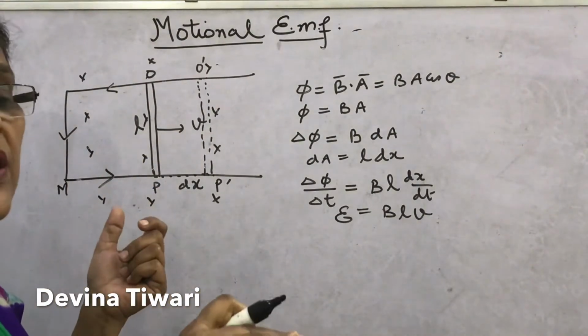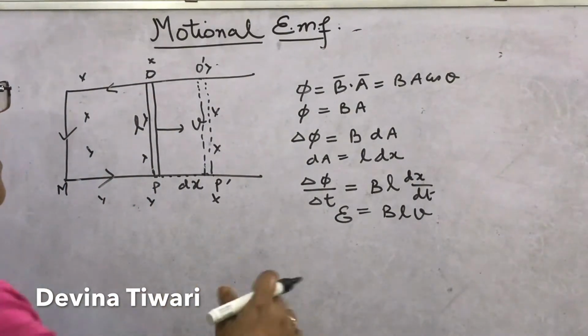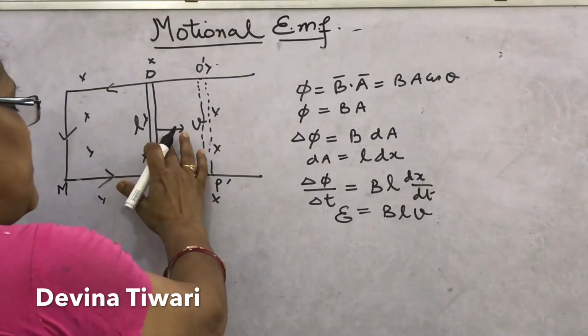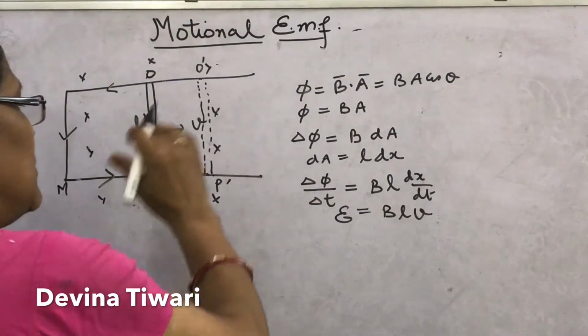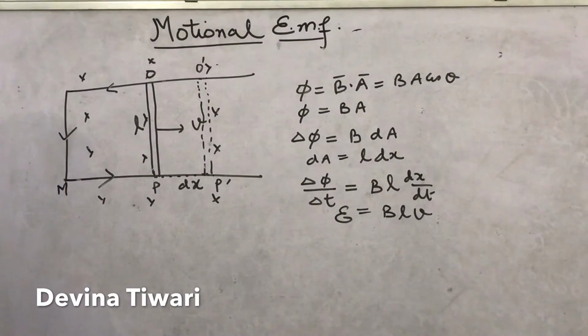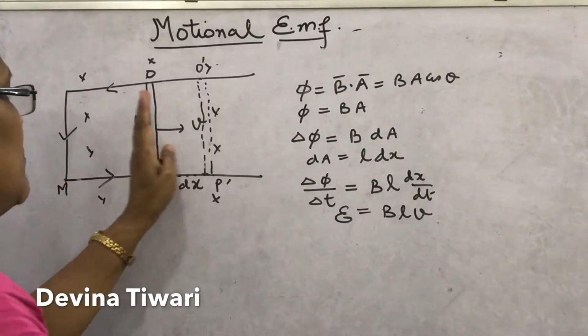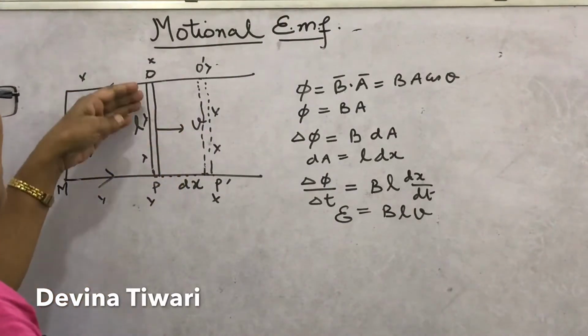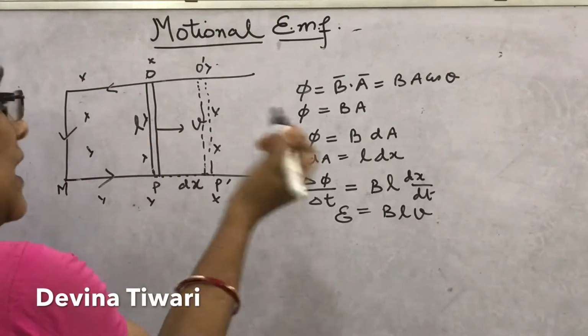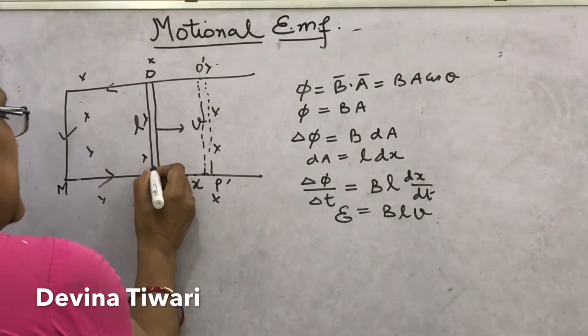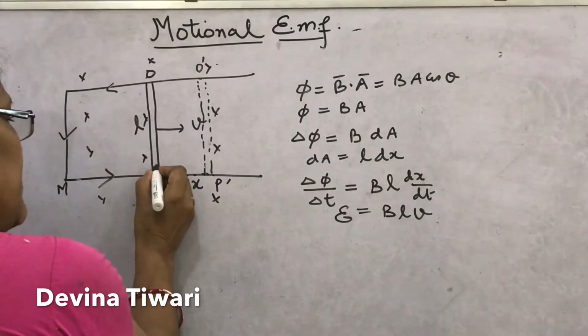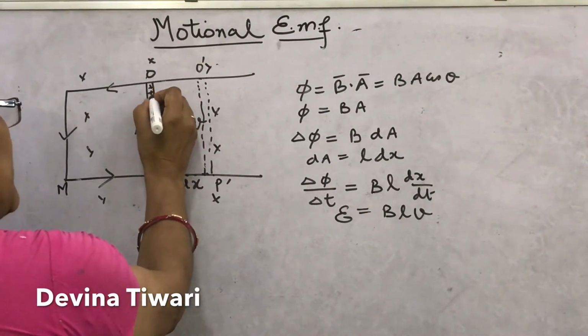How can you show it? Look here, if the rod is moving with constant velocity, then since the whole rod is moving in the magnetic field, the induced current direction, as we have seen in the previous case, is such that this end P will become negative and this end will become positive.